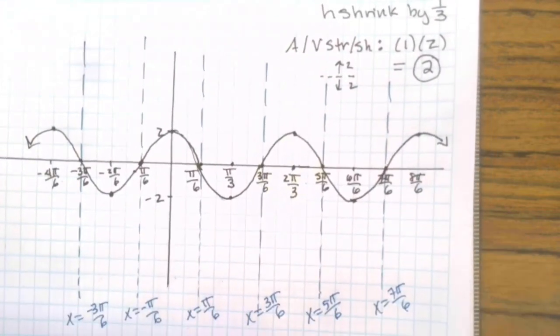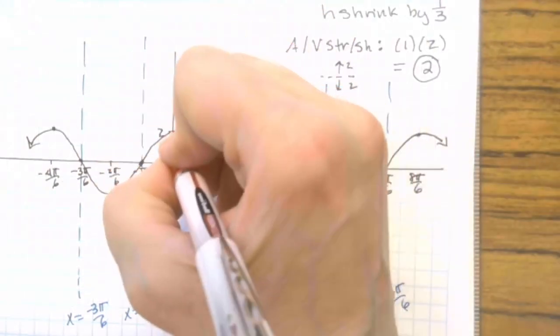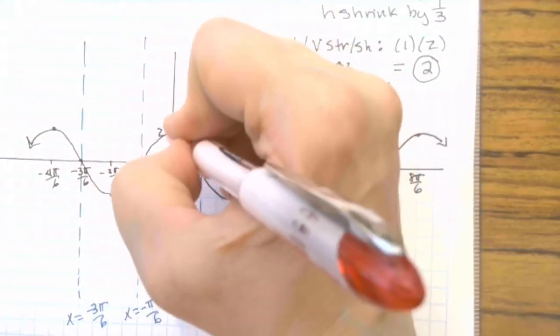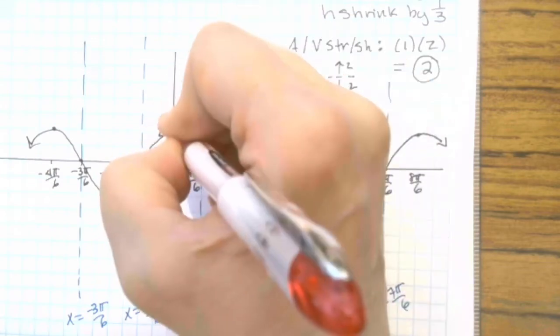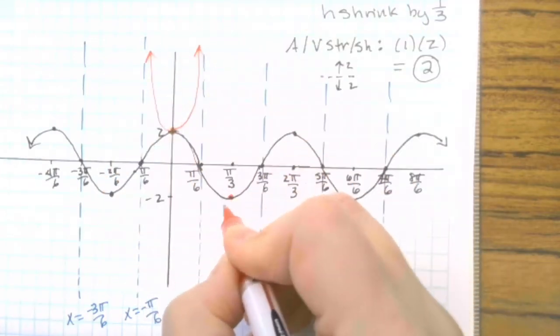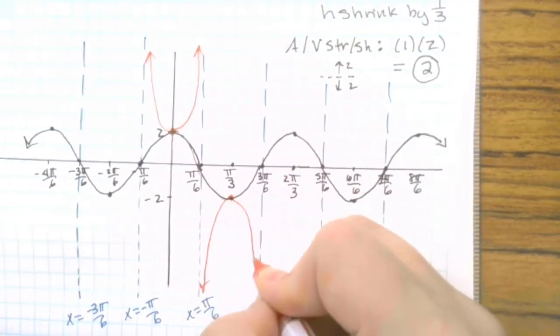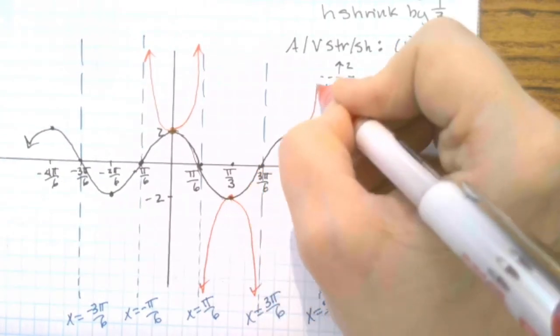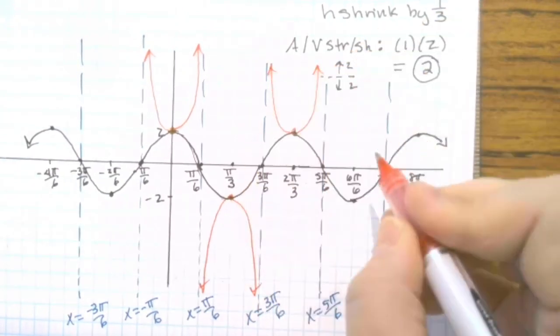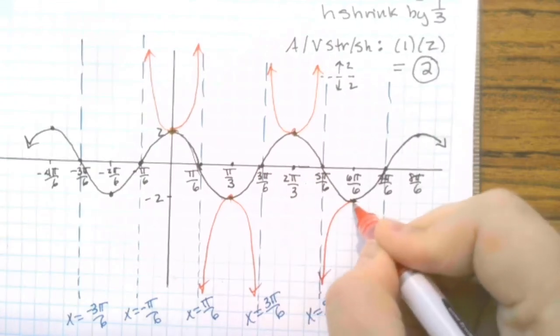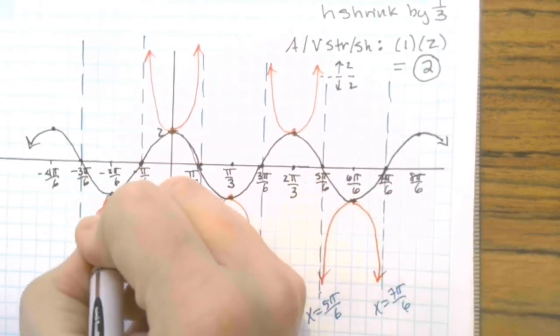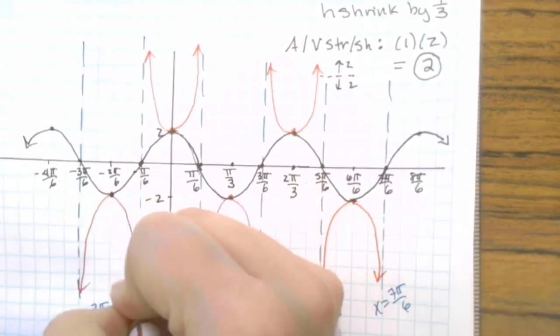All right, now we're going to put in our secant wave. So anywhere there's a max or a min is shared with your secant wave. So anywhere you have a maximum or a minimum, draw reflected curvature, but then getting infinitely close to the asymptotes.